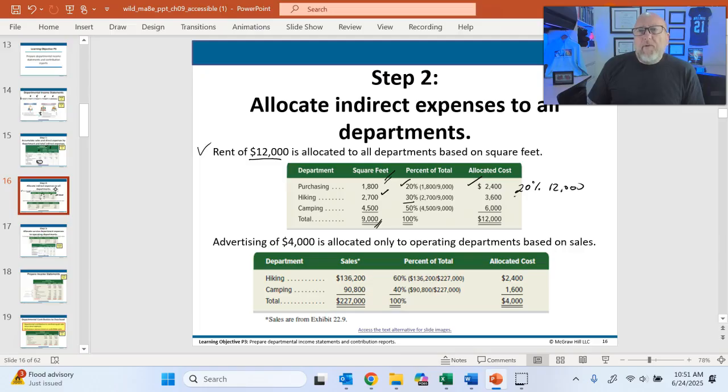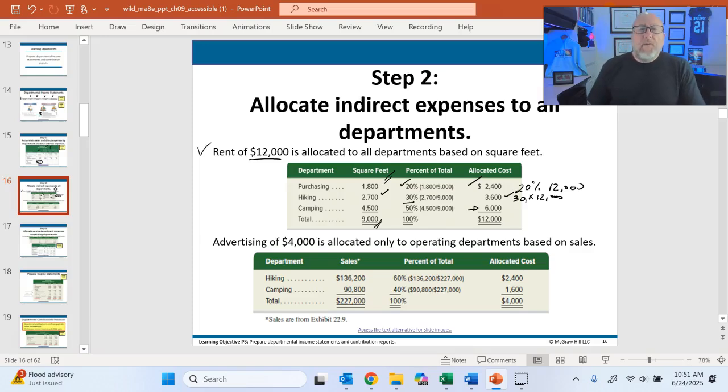And therefore, 30% of 12,000 is 3,600. And then finally, the camping division, that takes up 4,500 square feet of the store, which is 50%. And therefore, we're allocating 50% of the rent to the camping division.